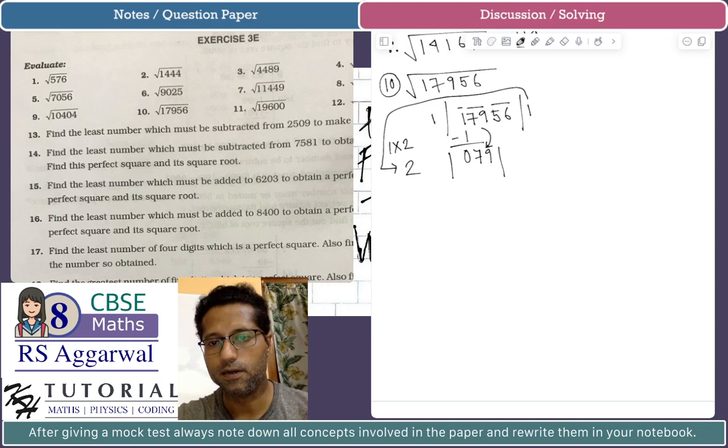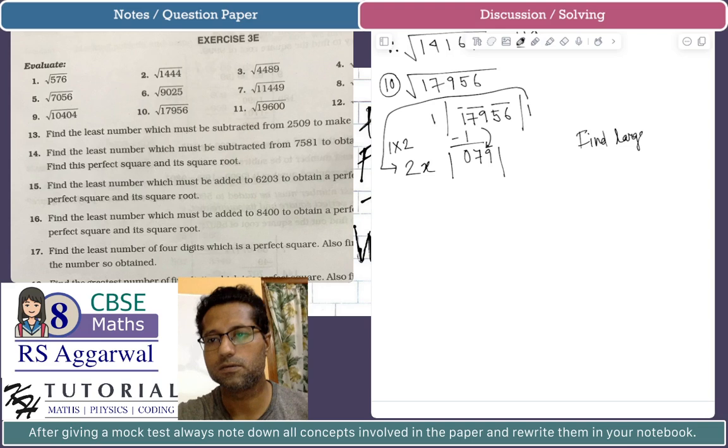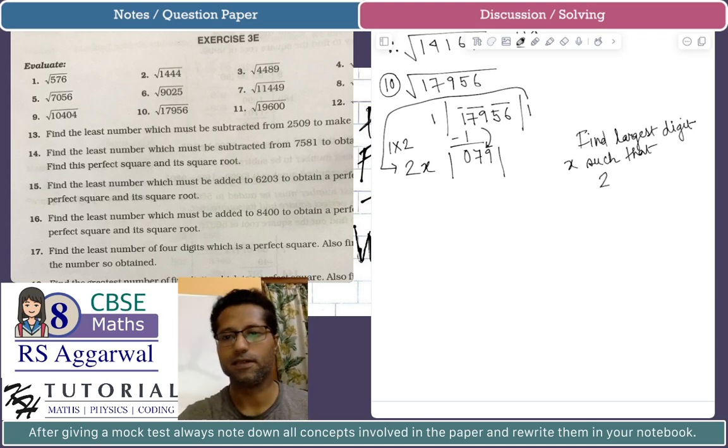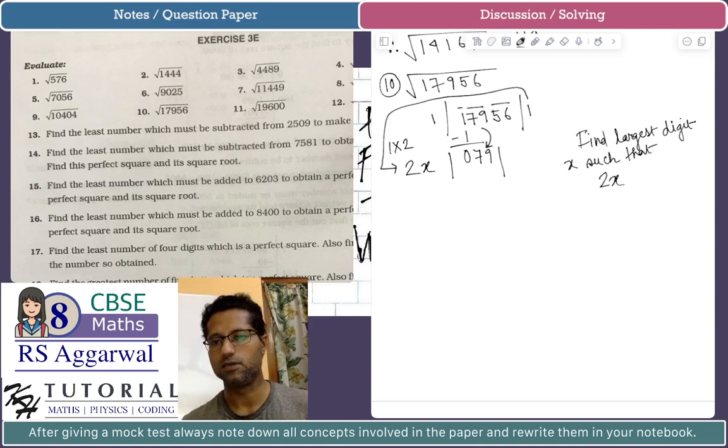Now we have to think of a digit x over here, such that we find the largest digit x such that the number 2x, please always remember that 2x is not twice x, it is a number. 2x is a 2-digit number where the digit at the tens place is 2 and the digit at the units place is x, so that 2x multiplied by x is less than or equal to the current dividend.